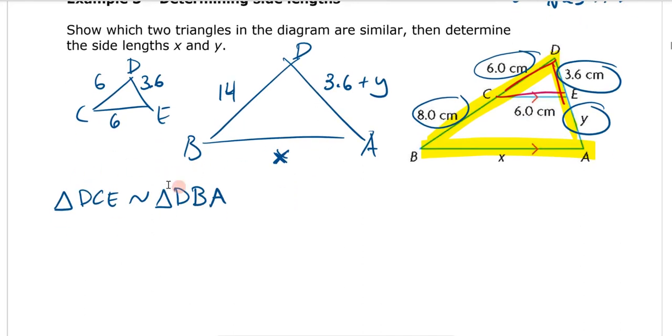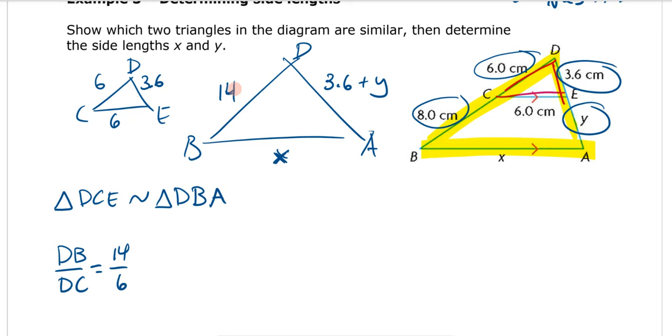Now this similarity statement will help me write out my ratios for my corresponding sides. Let's write out the ratios for the left side, DC and DB. I write the bigger triangle on top, so DB over DC equals 14 over 6.